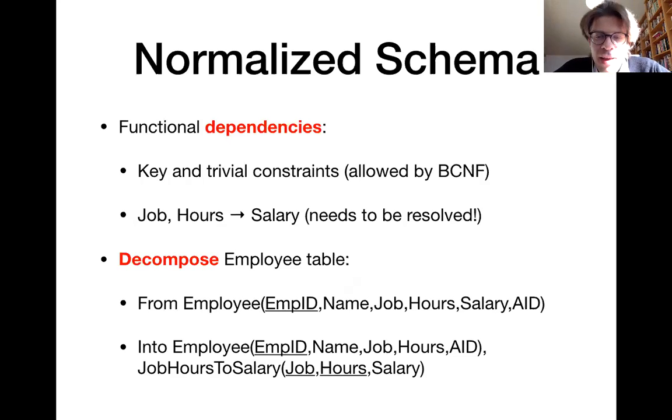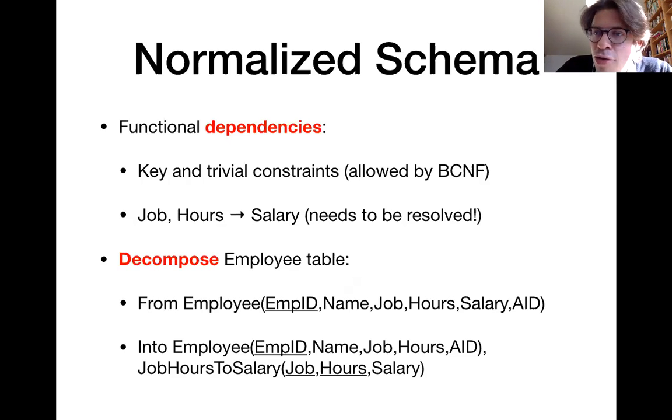In that case, we would have to decompose the employee table into two tables. In the first one, using the decomposition rule that we have seen, we would just take out the right-hand side attribute. So we would essentially have the employee table without the salary.